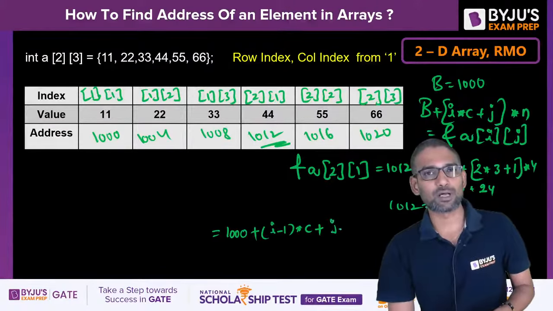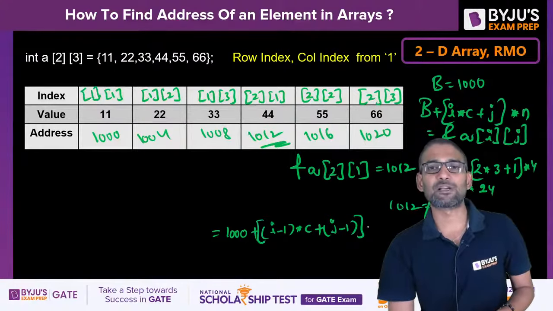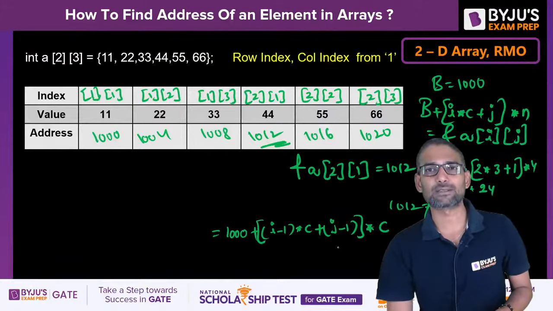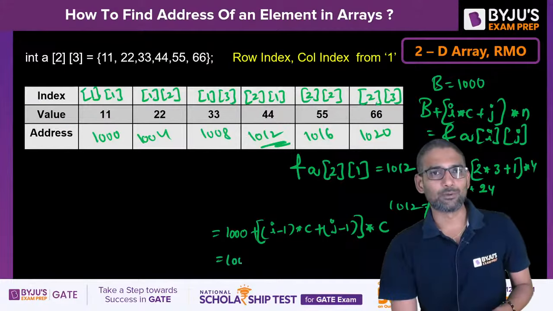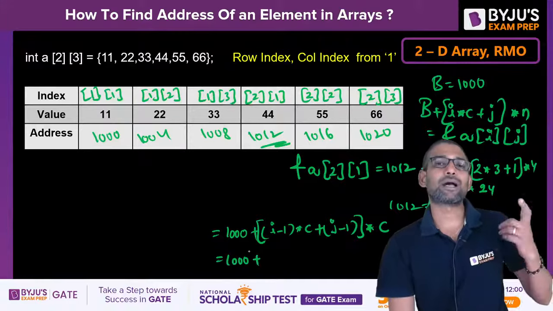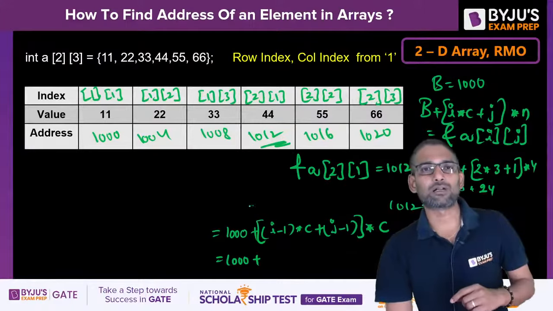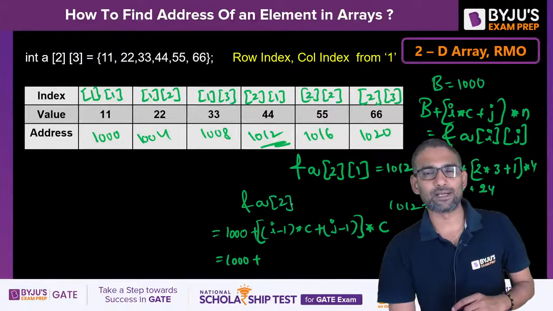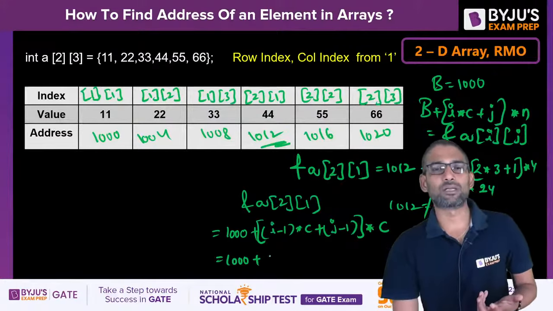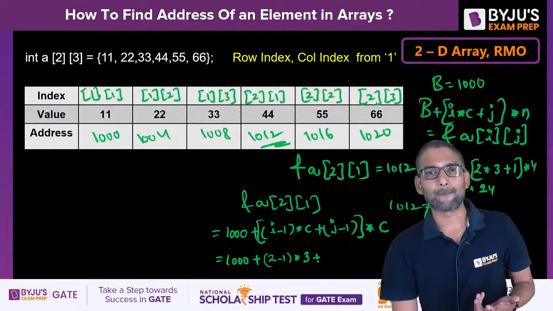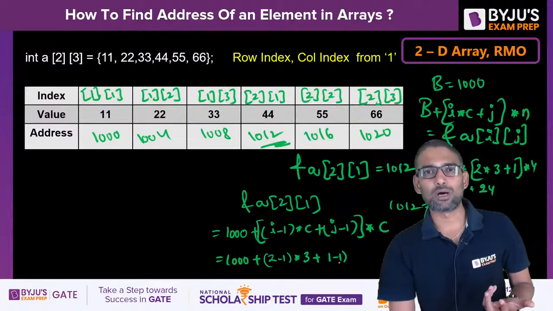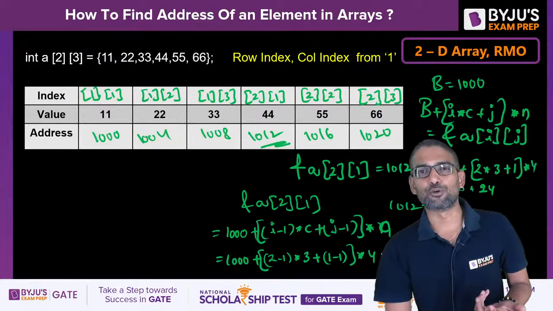So even for column index apply J minus 1, because indexing started from 1 for both row index and column index. Then it would be 1000 plus I minus 1, address of A of 2, 1 I am finding out. 2 minus 1 into number of columns 3 plus J minus 1, 1 minus 1, whole into 4.